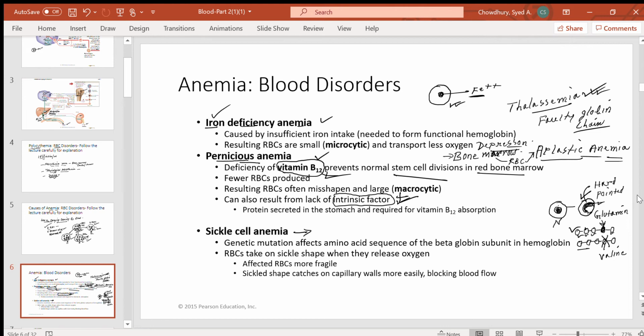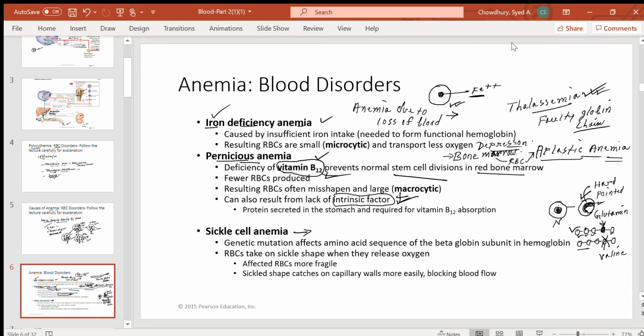Okay, and another type of anemia, commonly we use that term, is called anemia due to blood loss. Of course, if blood loss occurs, then the number of red blood cells will go down in the blood, and that will cause decreased oxygen carrying capacity.